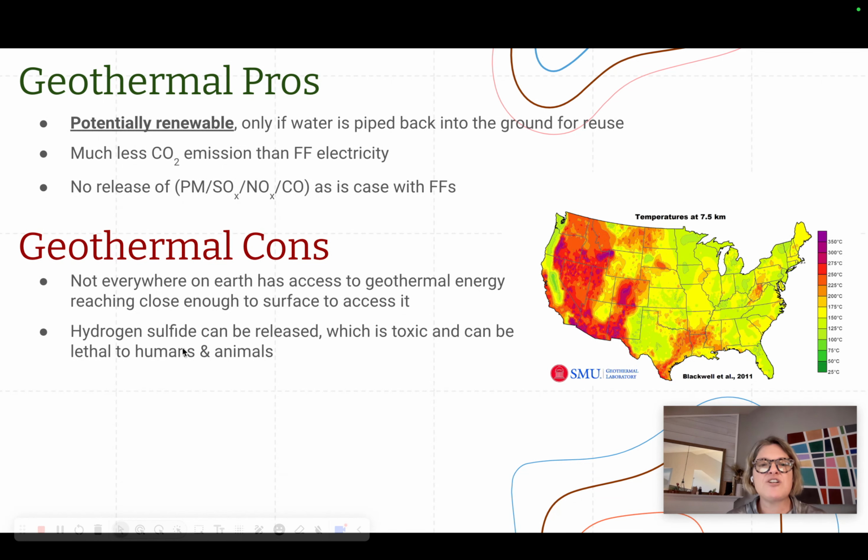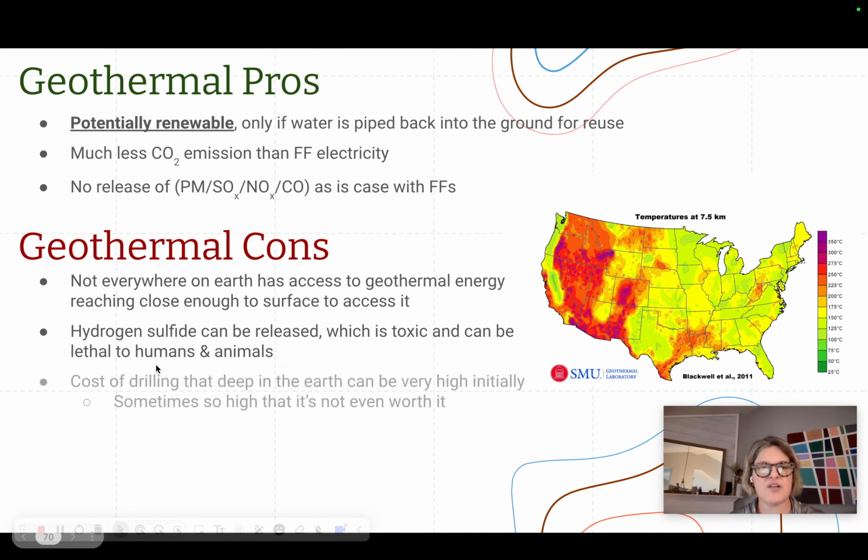Okay. Hydrogen sulfide is something that can be released, which is toxic and can be lethal to humans and animals in the process of drilling this far into the ground. And then the cost of drilling that deep is very high initially. So that's a con. Sometimes it's so high that it's just not worth going through with that process.